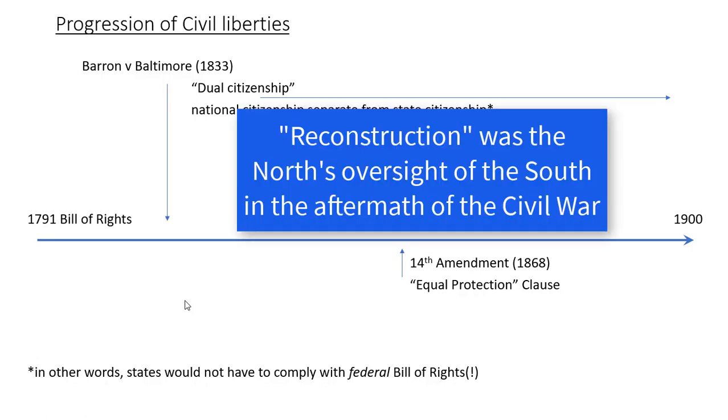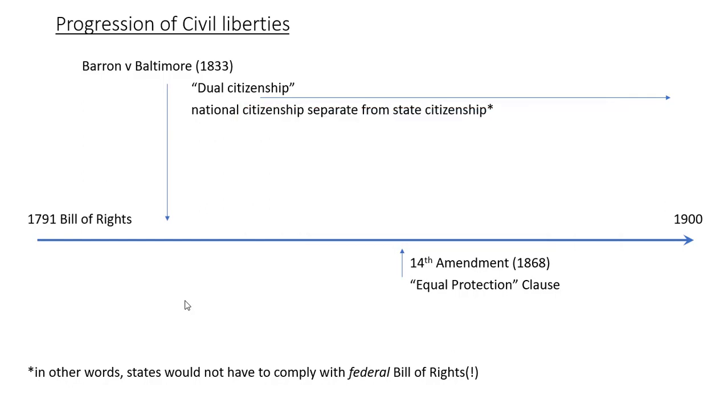Reconstruction was the period in the aftermath of the Civil War to where the North had some military intervention in order to ensure that the South did not discriminate or enact retribution upon former slaves. So there was quite a bit of contentious politics over this.